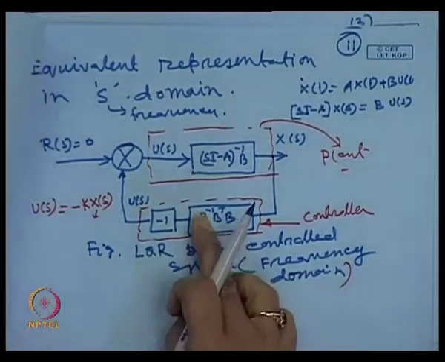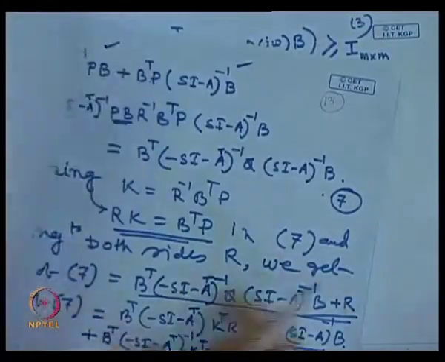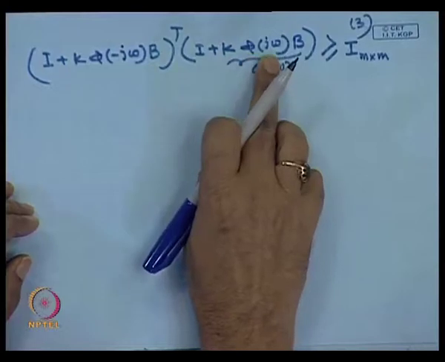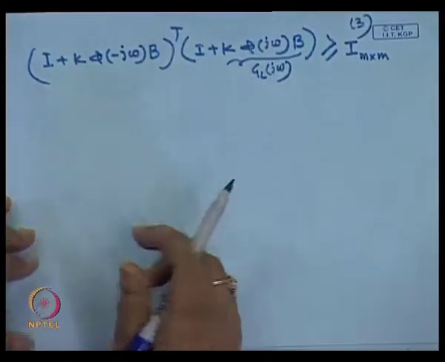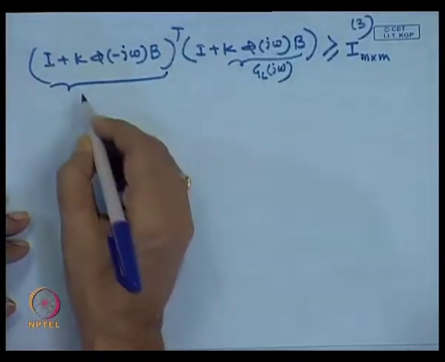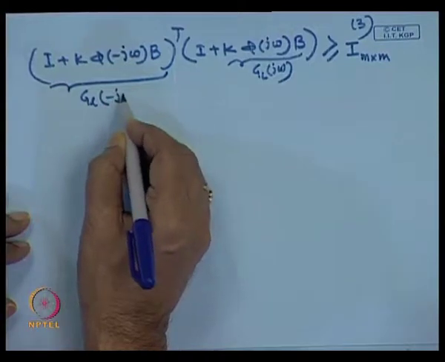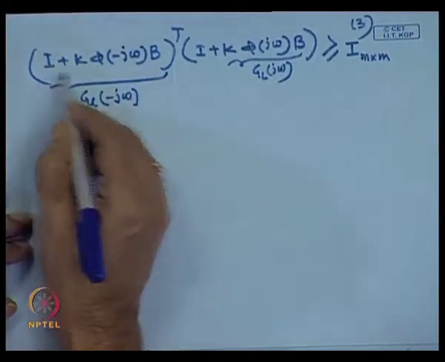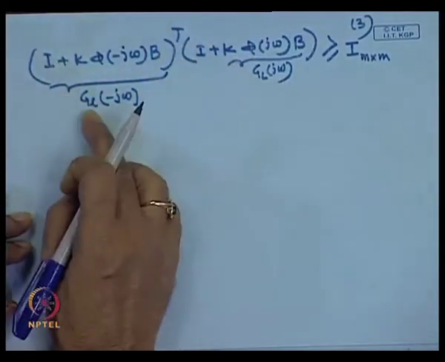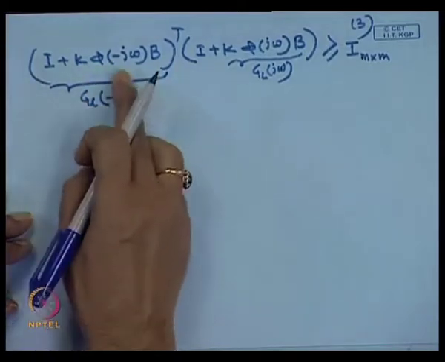So, K into (SI minus A) inverse, which I denoted phi(S), into B is the loop gain of this system. So, the whole thing will be L(minus j omega) transpose into L(j omega), with S replaced by j omega.